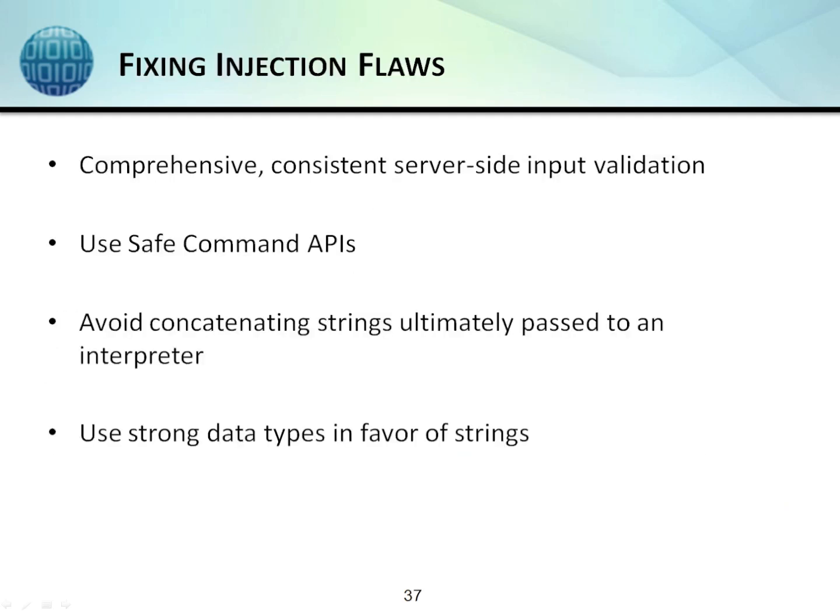I know this is an attack-focused course, but I can't move on without at least addressing some of the fixes for injection flaws. If you find yourself in the real world as a professional web application tester, recommend things like the use of safe command APIs, such as parameterized queries, which escape the dangerous characters and allow the application to build a safe command; consistent server-side input validation; and using strong data types instead of strings where possible.